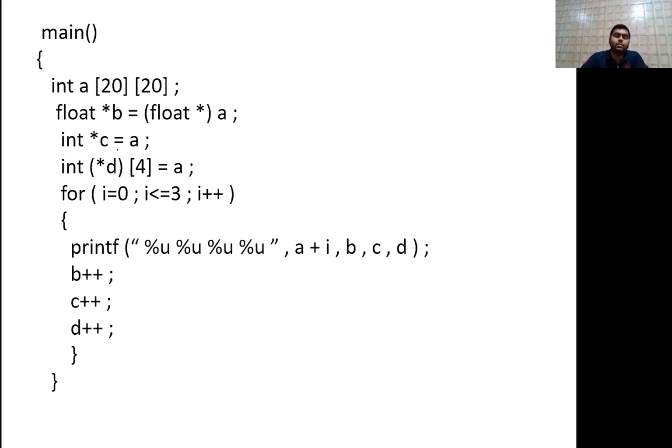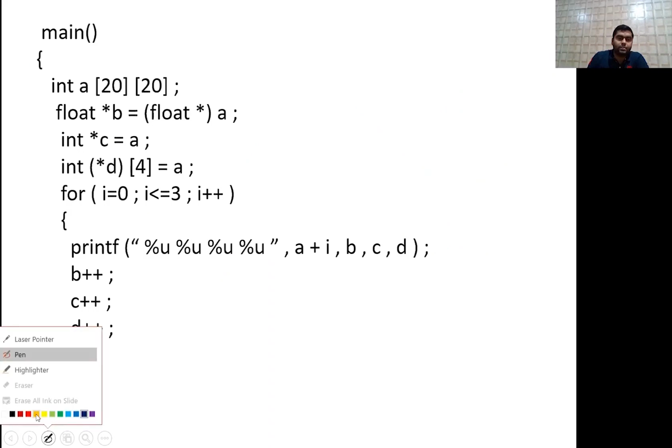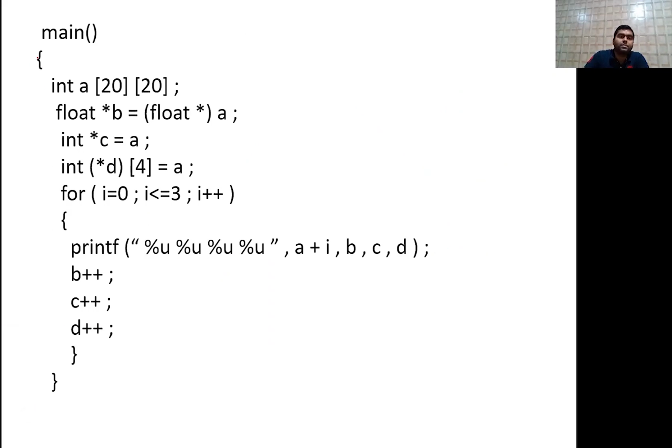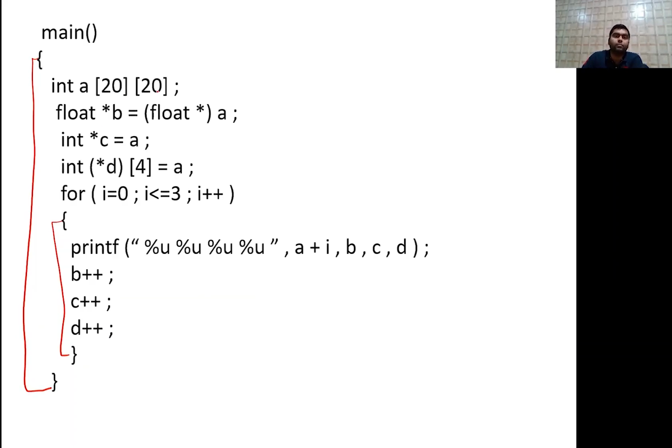And now next is, observe very carefully. So this is an interesting question. This is the main part of the program, and this is a for loop. Observe very carefully. So first of all, a of 20 20.